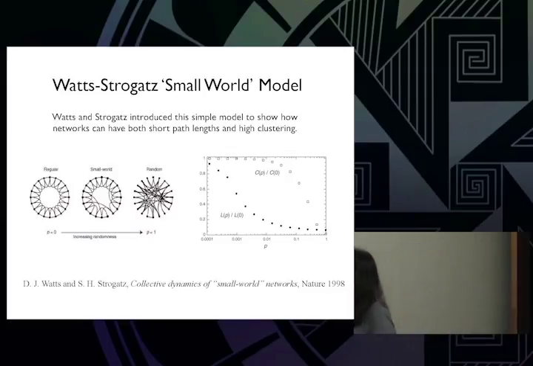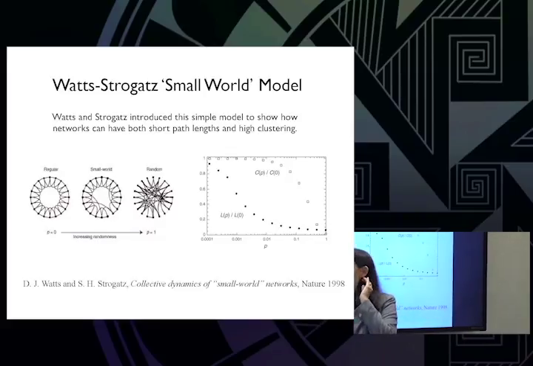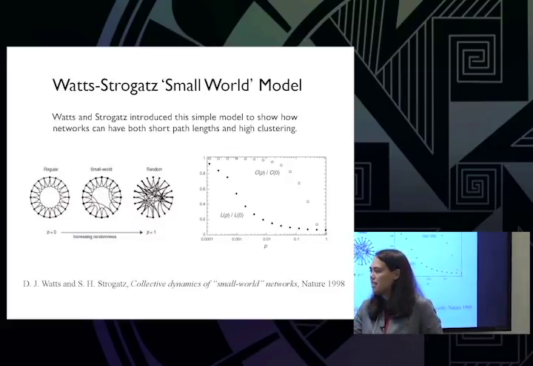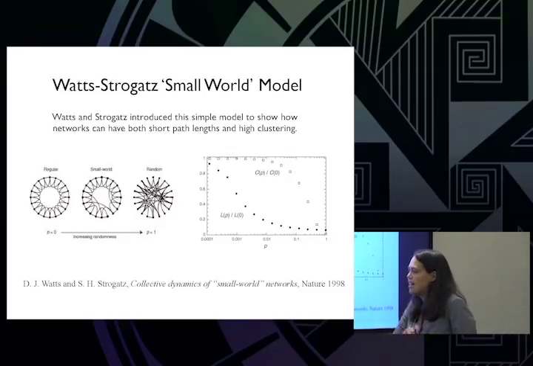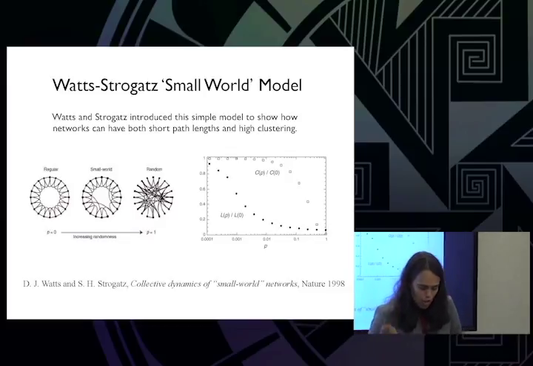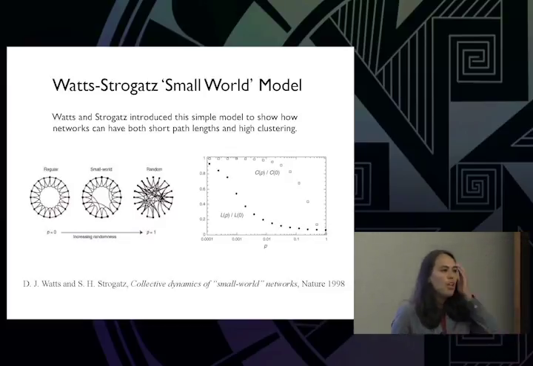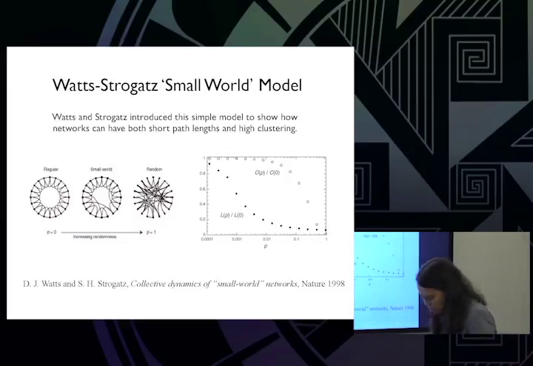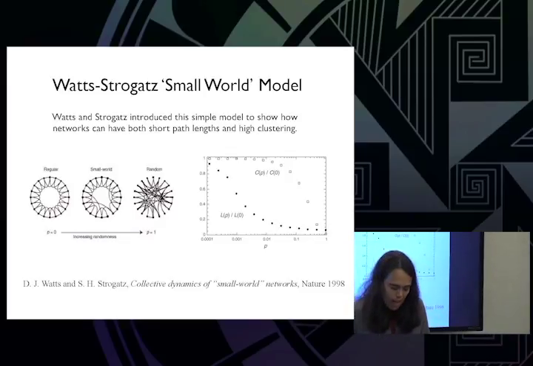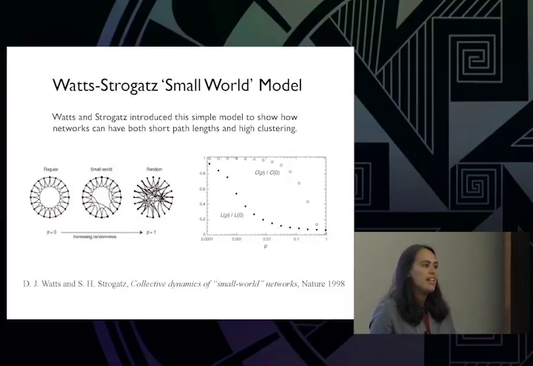So this is the paper that I feel kicked off the field of network science. This is a paper by Duncan Watts and Steve Strogatz, Collective Dynamics of Small-World Networks, that appeared in Nature in 1998. What Duncan and Steve were interested in was this question: if you think about networks and you think about clustering and path length, it's easy if you have a really structured grid-like network.